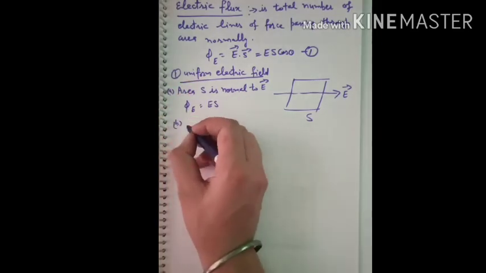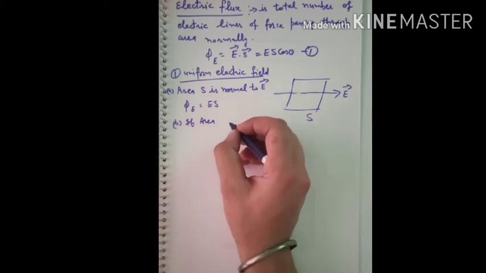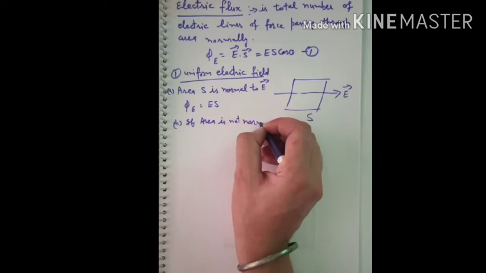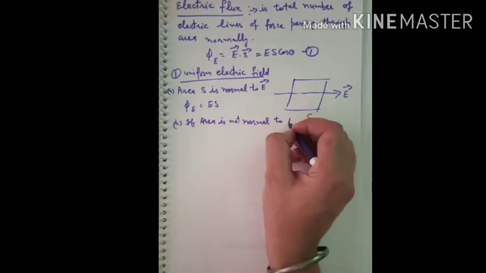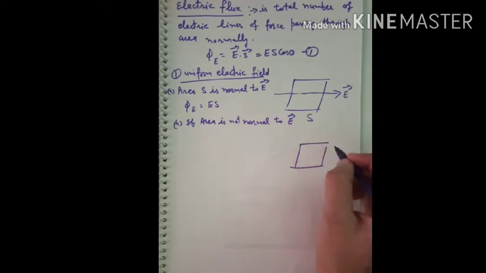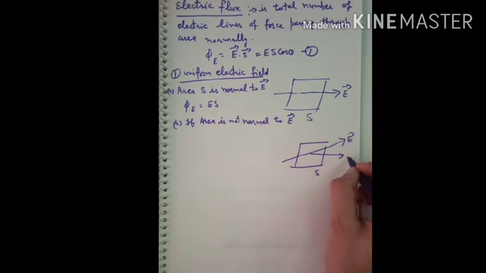Number B, if area is not normal to electric field, meaning this is the surface and this vector is the electric field, and this is the area vector S. So here is angle theta between the area vector and electric field.